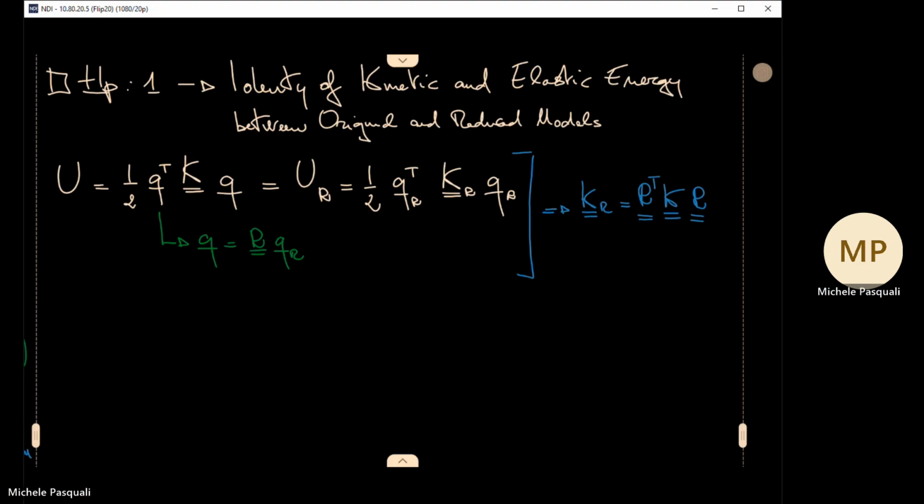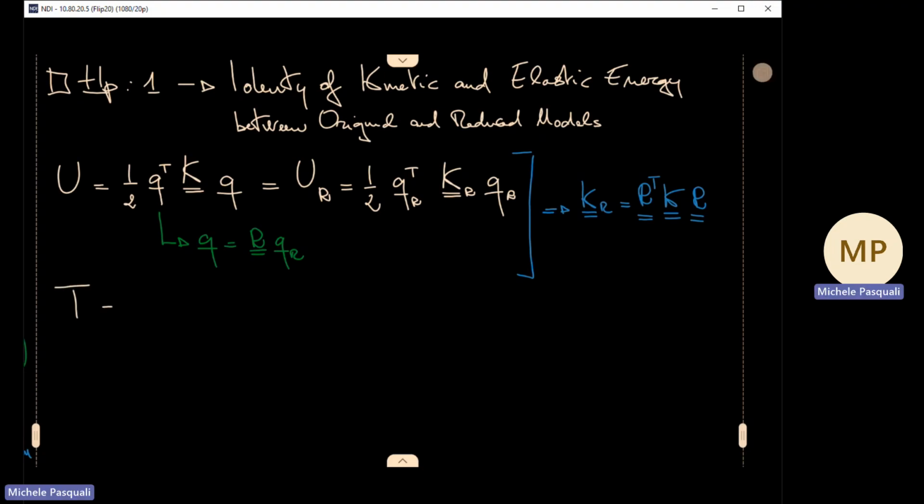So again, the implementation of a reduced order technique is completely identified by the determination of R, okay, which basically allows us to pass from the original set to the reduced order set of variables. So we need to define this. Once we have this, we can define M, we can define K, we can define everything that we need.